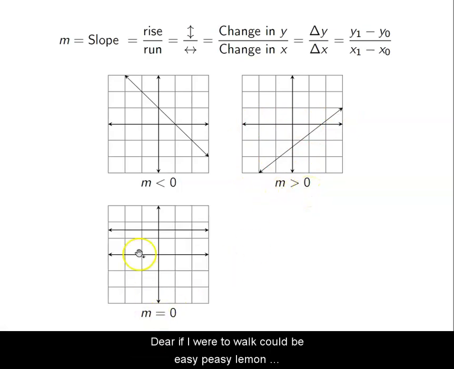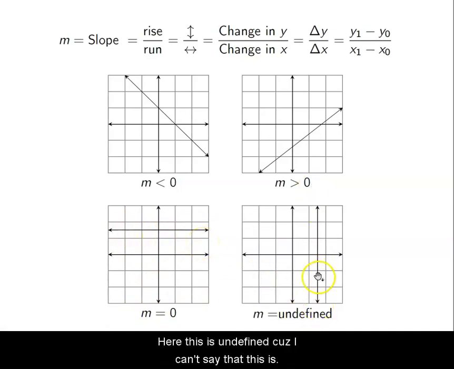Here, if I were to walk, it would be easy peasy, lemon squeezy. There would be no slope. I'm not going uphill or downhill. I'm just flat. Here, this is undefined because I can't say that this is increasing or decreasing. I can't say it's negative or positive because I don't know: is this going up or is it going down? It's kind of doing both, and it's definitely not flat.